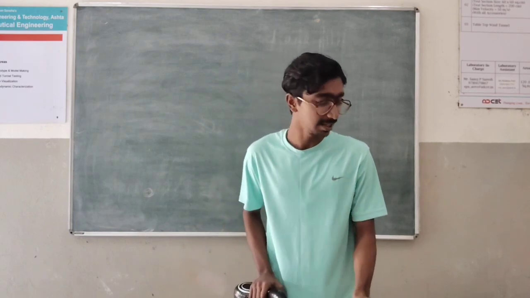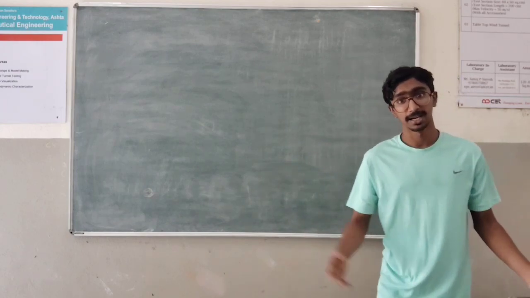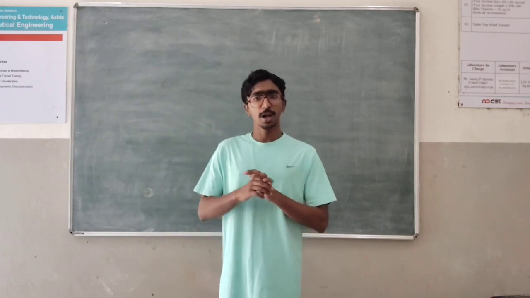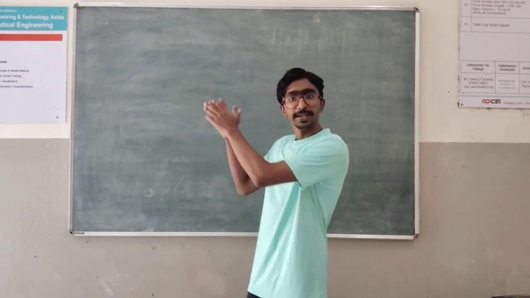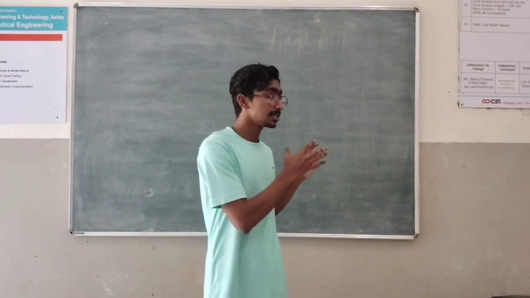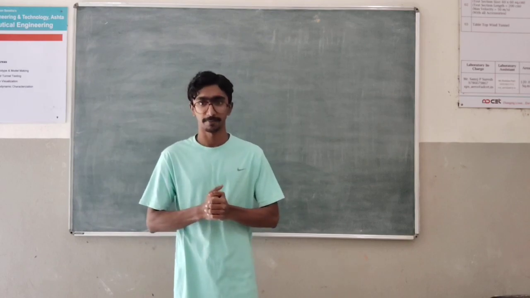I hope you understand the concepts of dynamic and static stability. Now we are not going in depth into dynamic stability; rather, we will go in depth into static stability because it is very important.